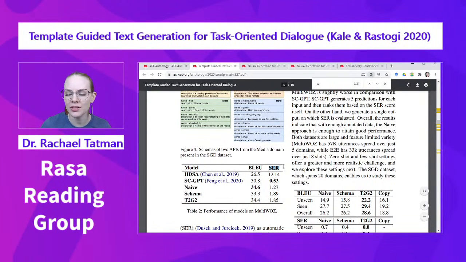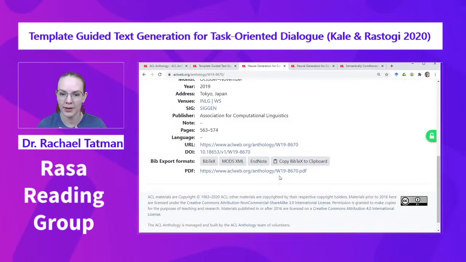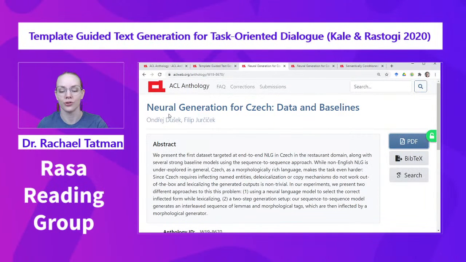bit confused by. So this SER measure here is slot error rate, and they cite for this paper, Neural generation for Czech data and baselines by Dušek and Jurčíček. I'm sorry if I'm saying that wrong. I know for a fact I am not gonna get all the Czech phonemes right.